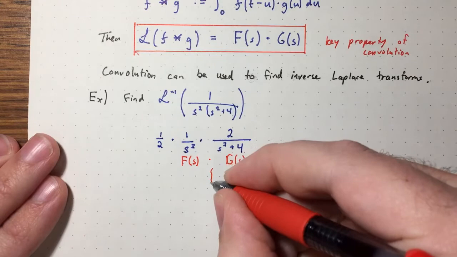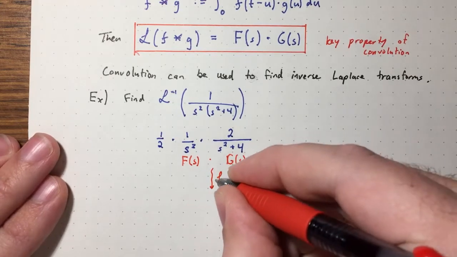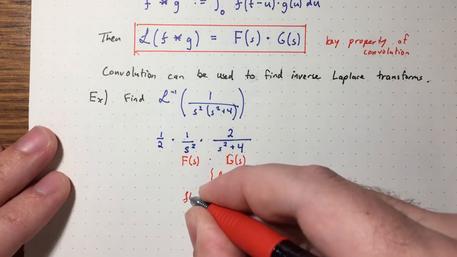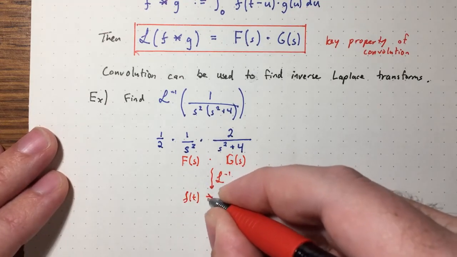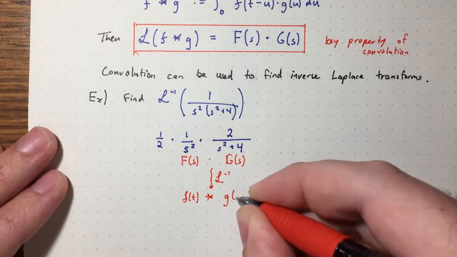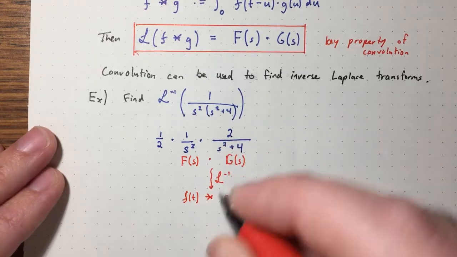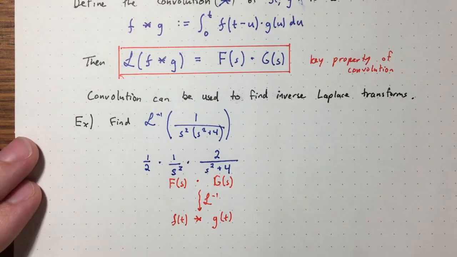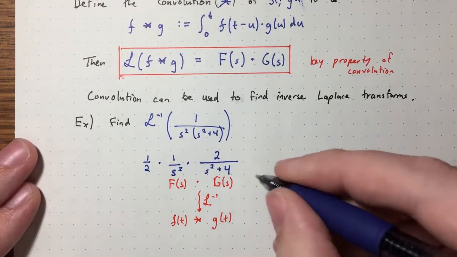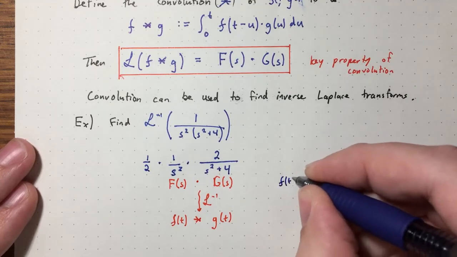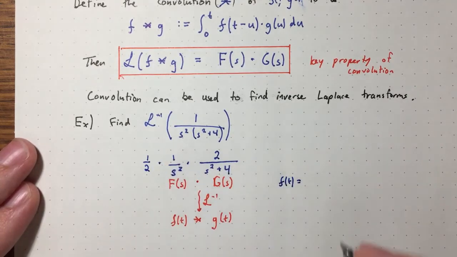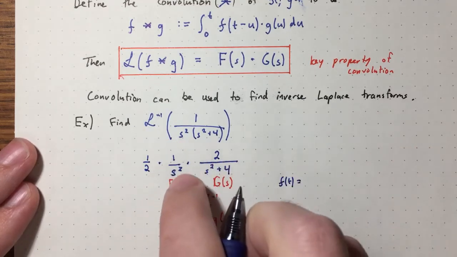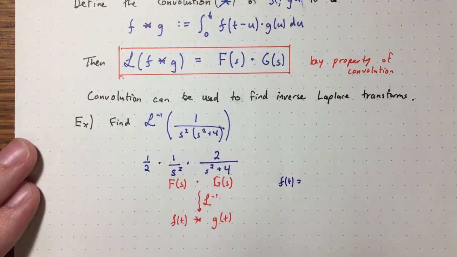And then when I take the inverse Laplace transform, I should get little f of t convolved with little g of t, by this formula. Well, what is little f of t? If capital F of s is this, then what is the function that has 1 over s squared as its Laplace transform?